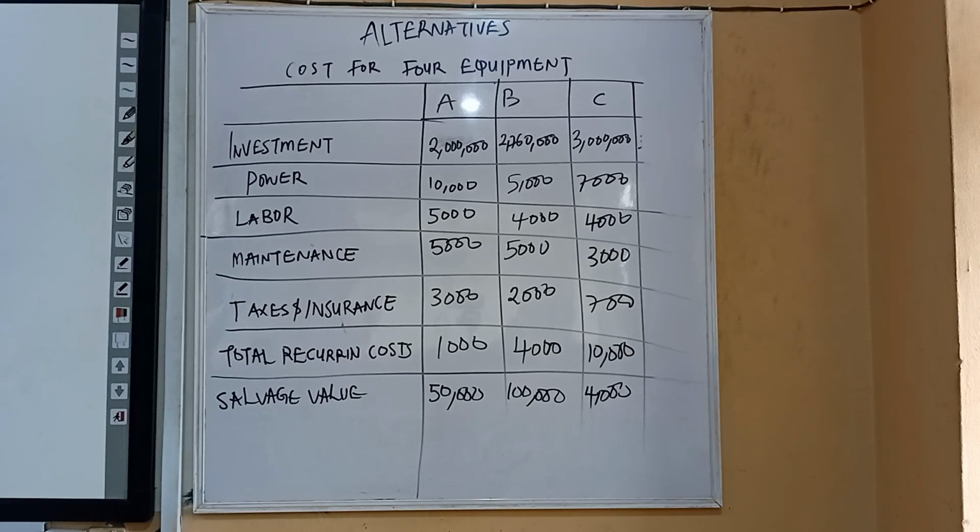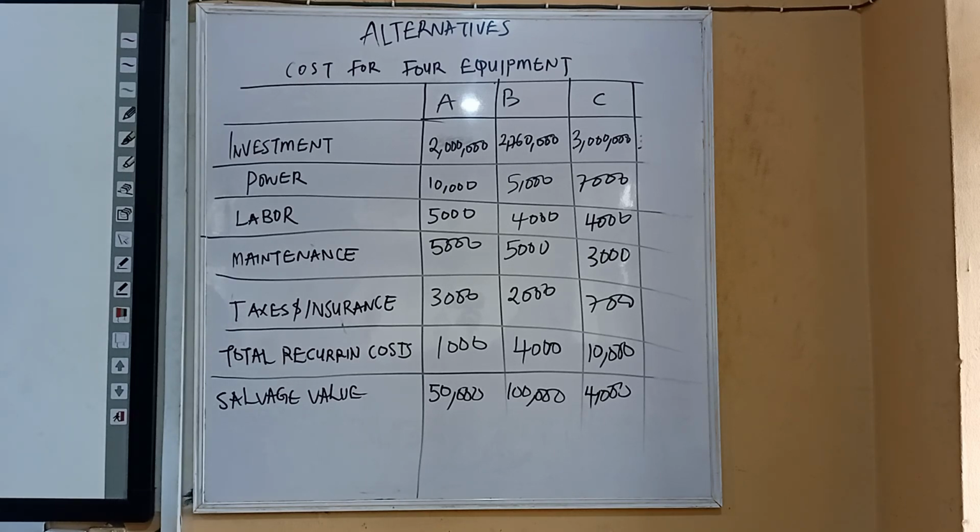Assume a useful life of 10 years for each type of equipment, and that the company wants a minimum return of 10% on its capital investment. Which equipment is to be used?